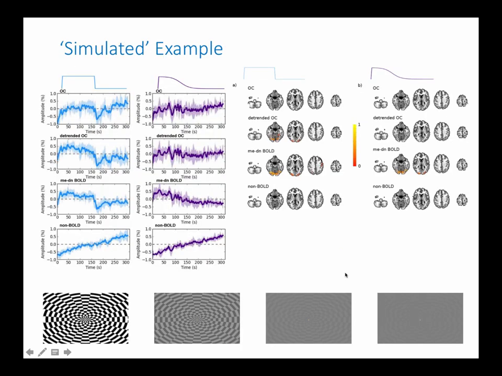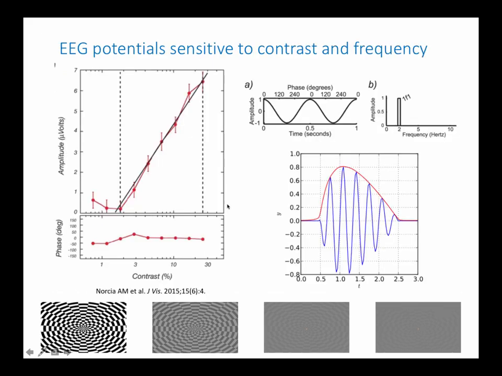So if you remember back to our simulated example, if you didn't believe that the multi-echo was actually working to pull out this slowed task, it's very convenient that the flickering checkerboard and the contrast sensitivity is actually reflected in the EEG amplitude. So if you change the contrast, you end up with a different amplitude in the EEG.